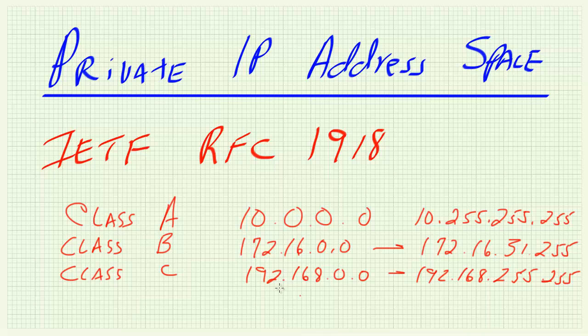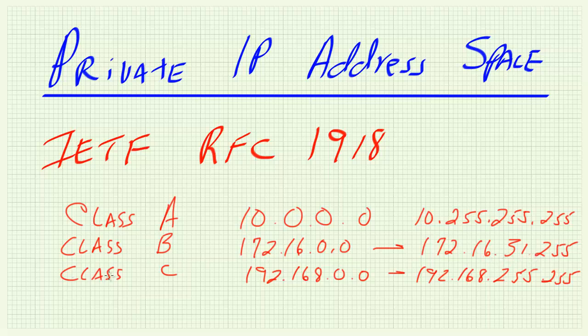There is a Class A network, the entire 10.0.0.0 Class A network that begins at 10.0.0.0 and extends all the way to 10.255.255.255. That is the Class A private address space. There is a Class B private address space that begins at 172.16.0.0 and extends all the way to 172.16.31.255.